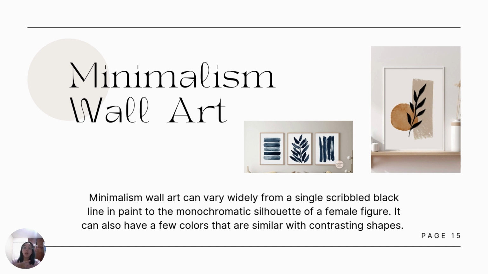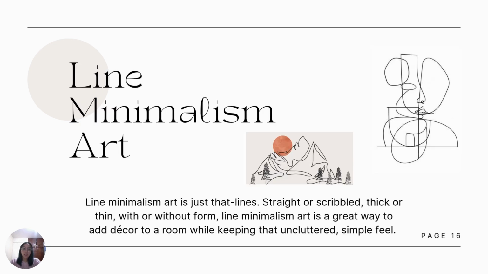This type of art can be a collection of line drawings to pull together a space without bringing too much attention or color to the wall we are going to put it on. This type of minimalism is characterized by those aspects.